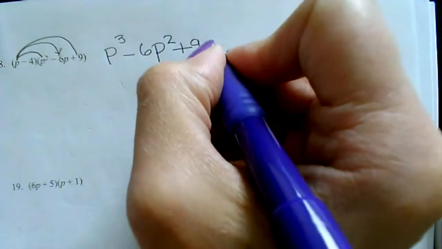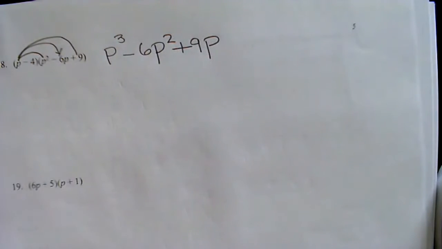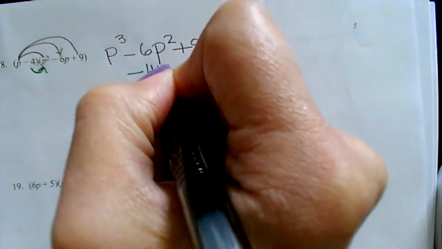Let me just show you. Negative 4 times p squared is going to be negative 4p squared.